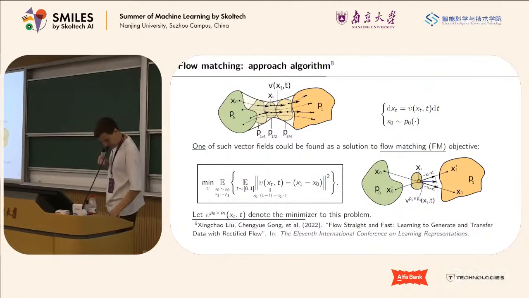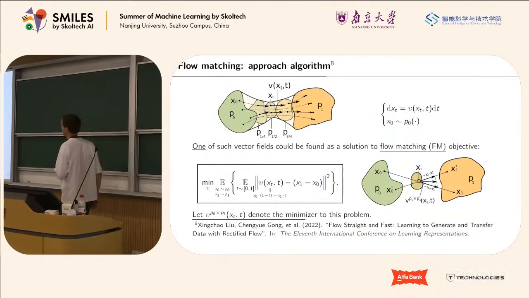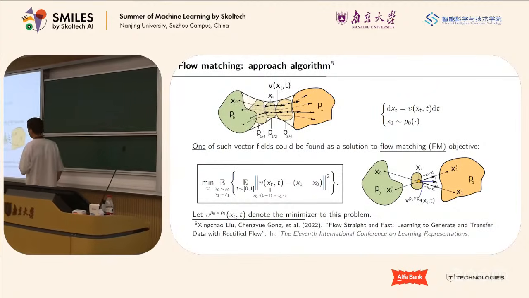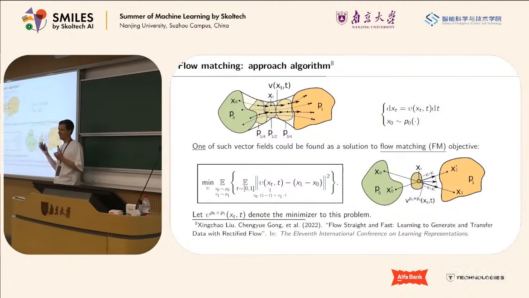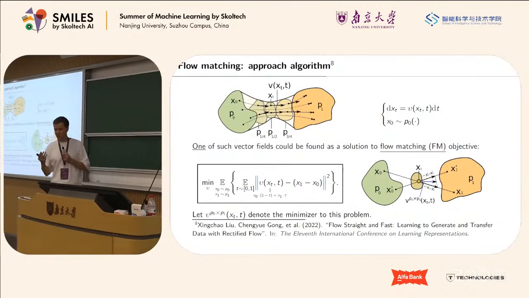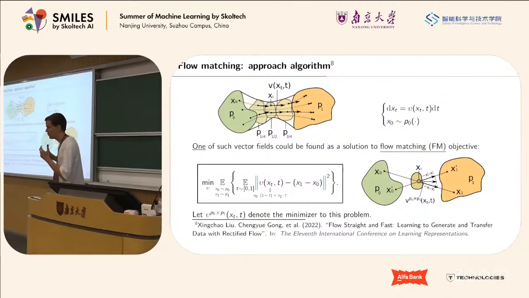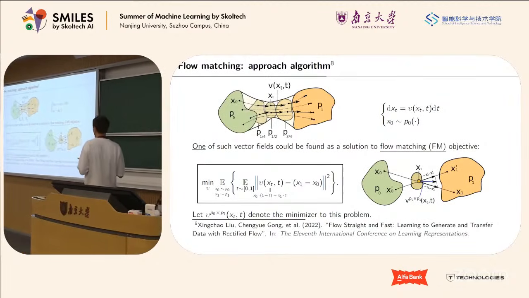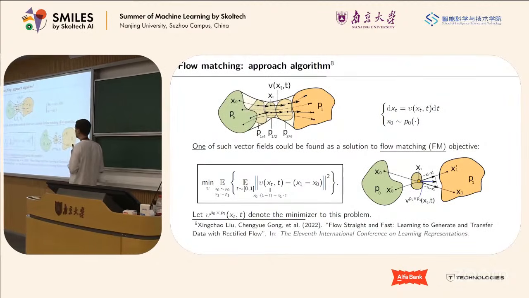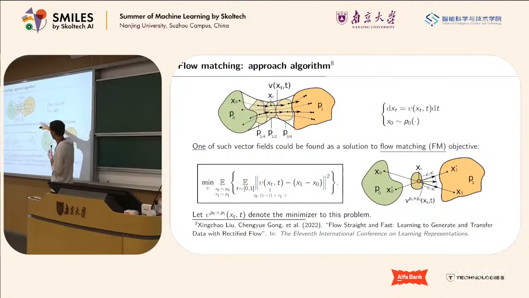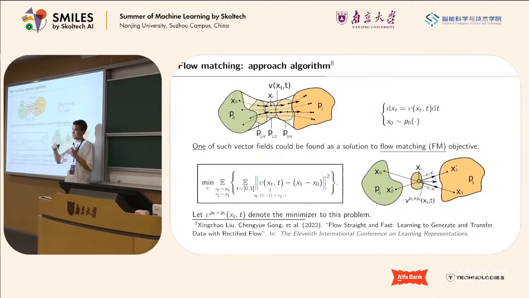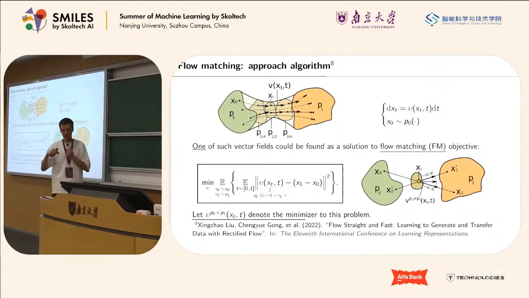So how is this typically done? This is actually one of the main slides in the presentation, which explains how you can construct a vector field which produces the sequence of probability distributions defined on the previous slide.